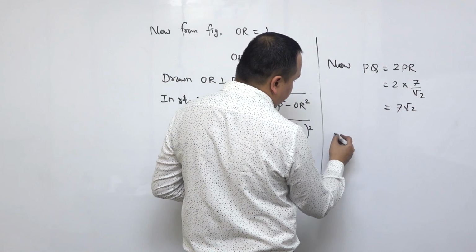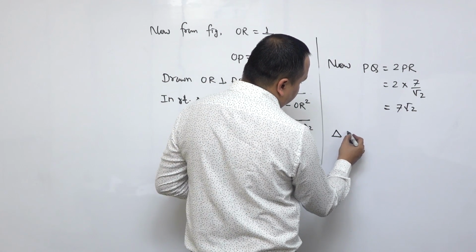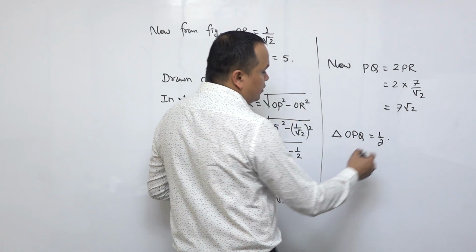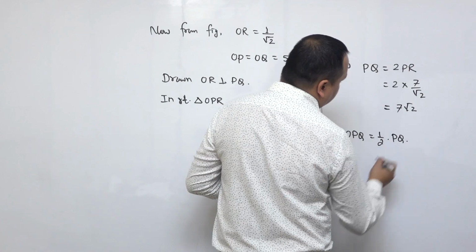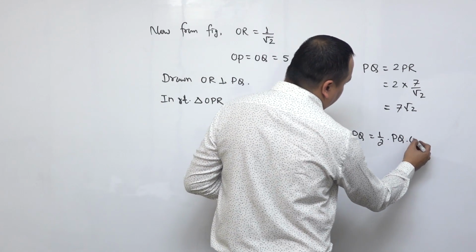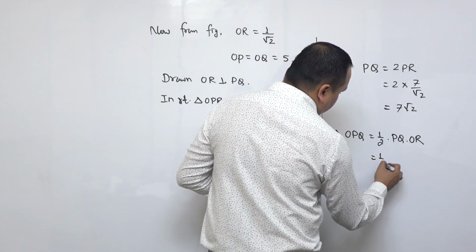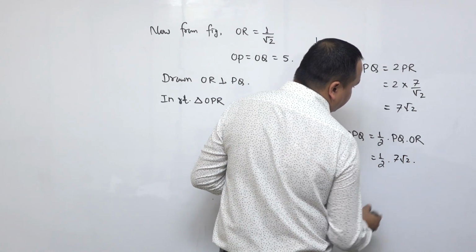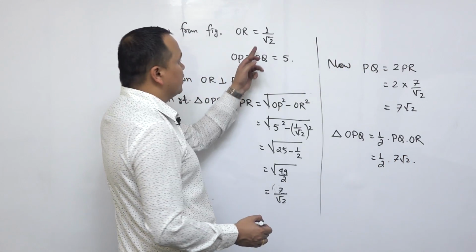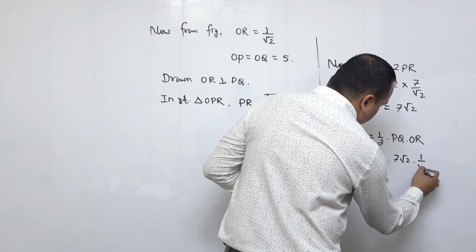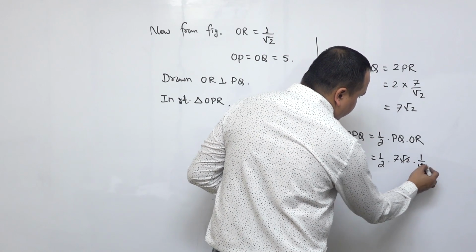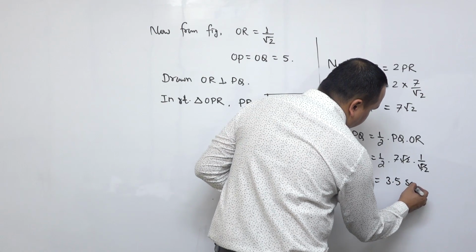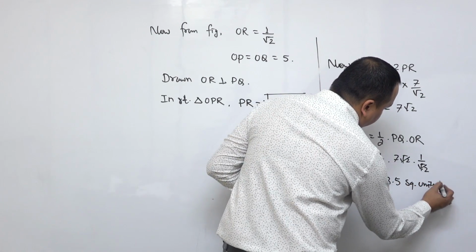Finally, area of triangle OPQ is 1 upon 2 base PQ into height OR. PQ is 7 root 2 into OR, OR is 1 upon root 2. The root 2 cancels. This is 7 upon 2, that is 3.5 square units.